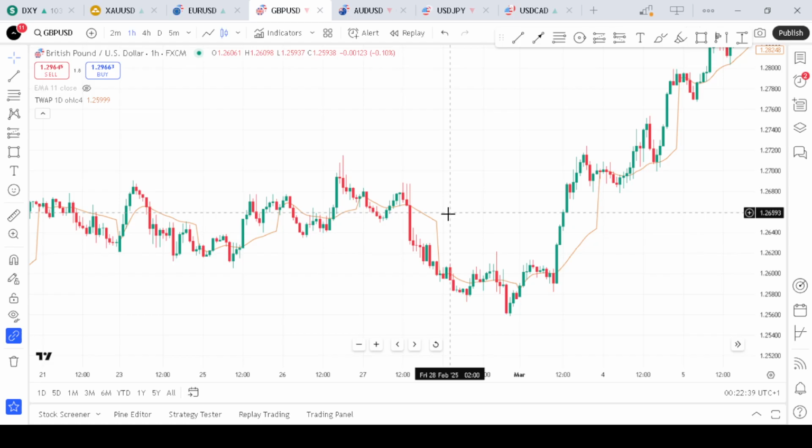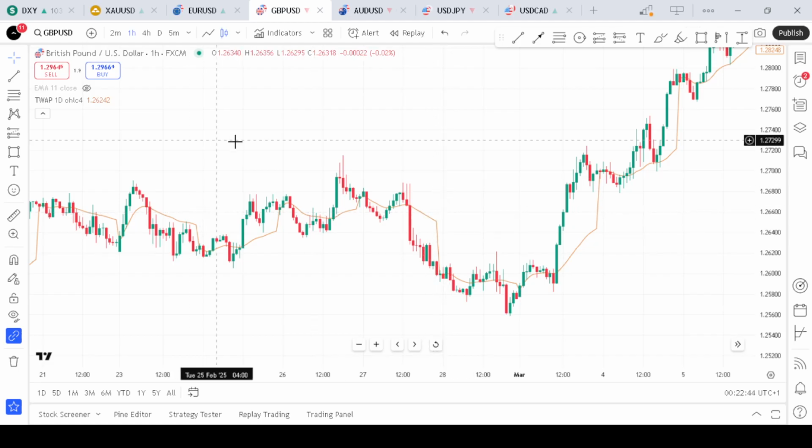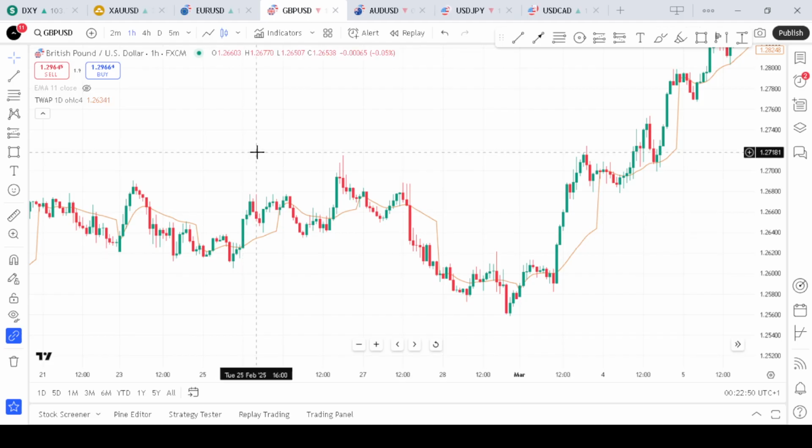For example, if a stock's prices at hourly intervals are $150, $155, $158, and $162, the TWAP is calculated as $150 plus $155 plus $158 plus $162, all over 4, which gives us $156.25.